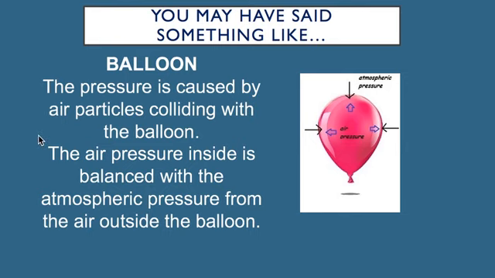The air pressure inside is balanced with the atmospheric pressure from the air outside the balloon, and that's why it looks like that. So you might have said something like that. If you think about particles, we're talking about how the forces are balanced, the pressure is balanced between the inside and the outside. So things like that you might have said.